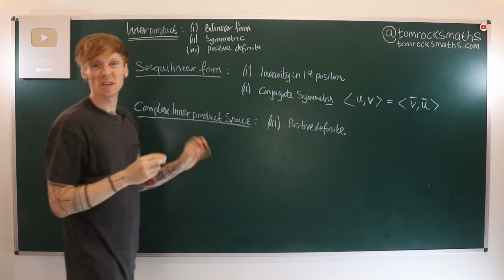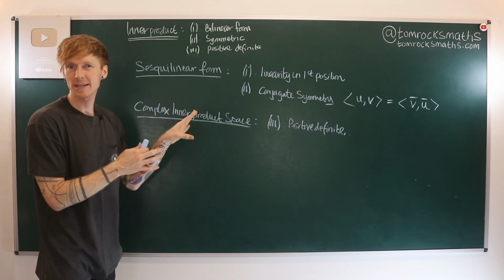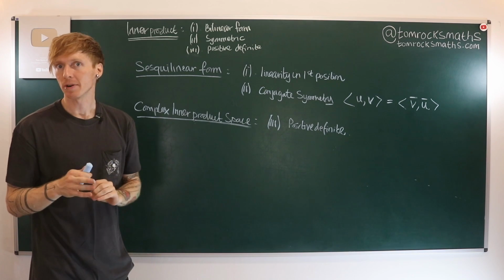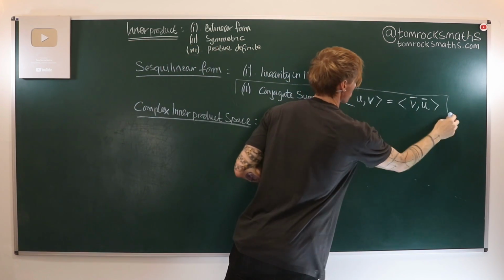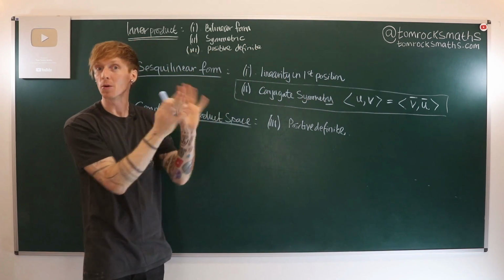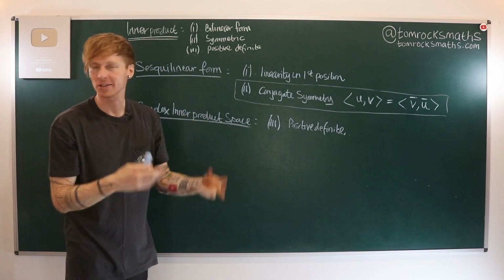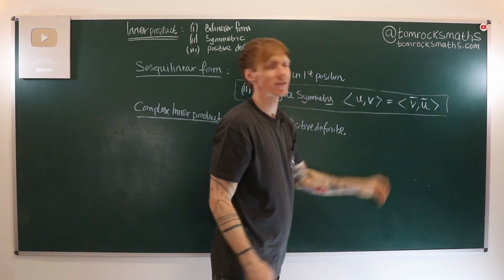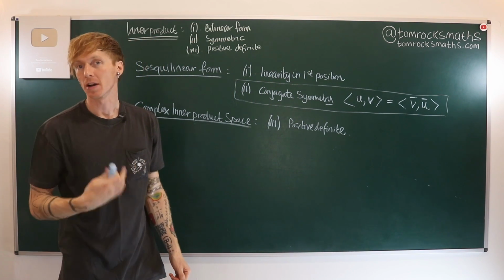So the only real difference between the complex inner product space and the real inner product space is actually this conjugate symmetry. So now we can no longer freely swap the order of the elements within our inner product. We have to take the conjugate if doing that when we're working over the complex numbers.